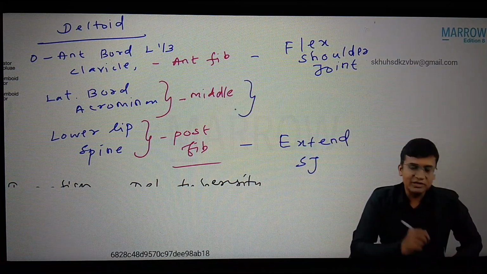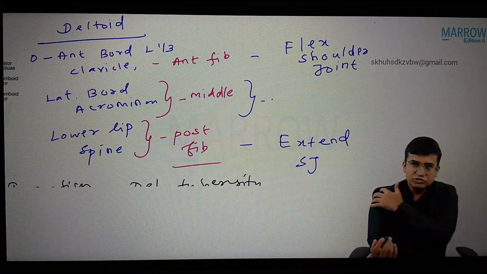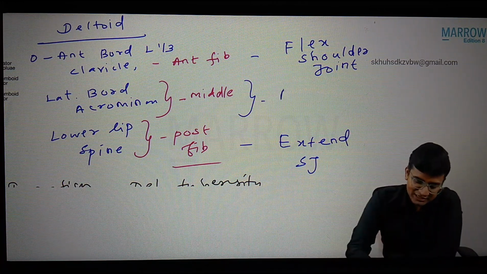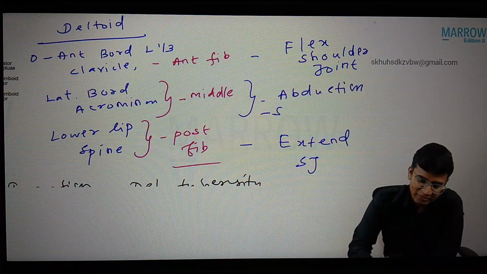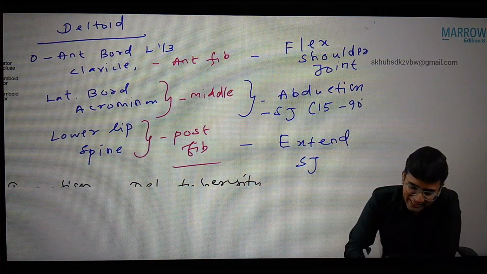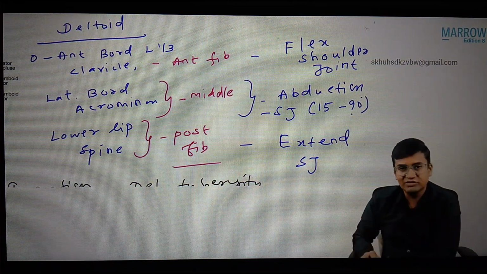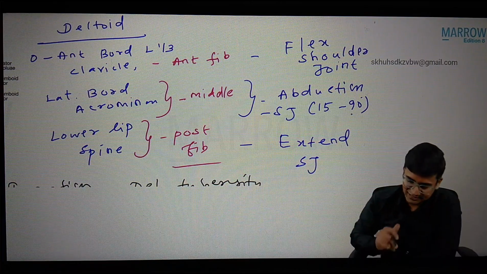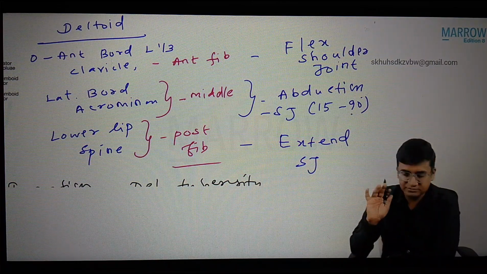The middle fibers move the humerus laterally, away from the body, which is called abduction. Abduction of the shoulder joint from 15 to 90 degrees is done by the middle fibers, the acromion fibers of the deltoid. These are the points you have to know about the deltoid.